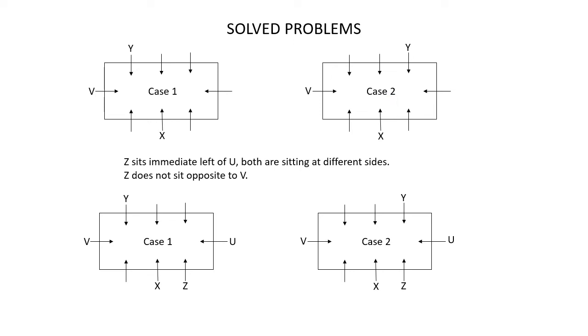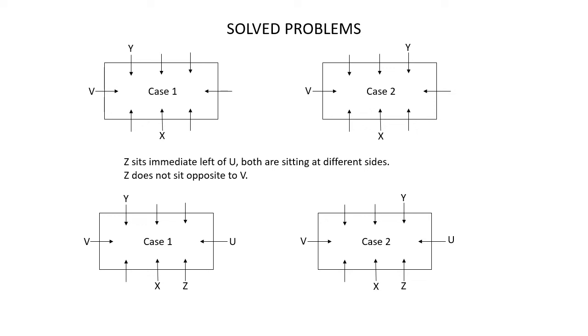It's given Z sits immediate left of U. Both are sitting at different sides. Z does not sit opposite to V. Let's consider case 1. So Z and U cannot sit in these positions because they have to sit at different sides.